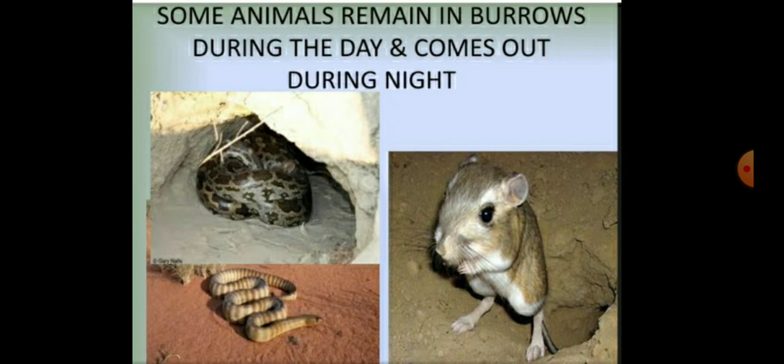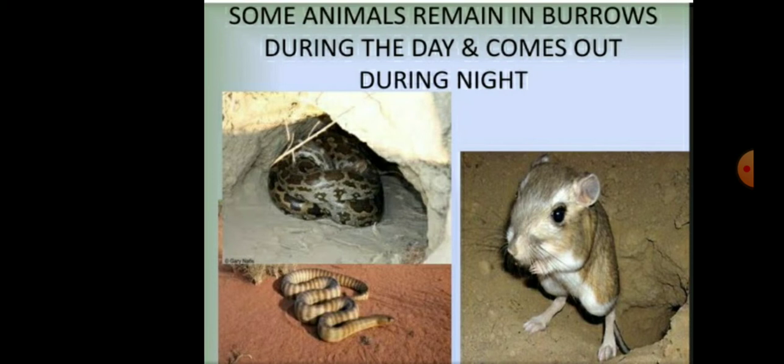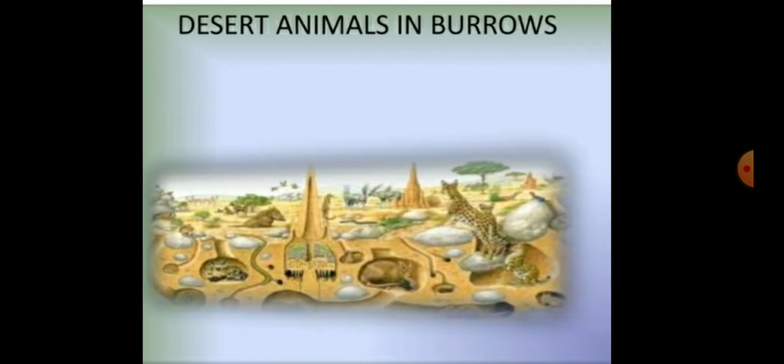Some animals remain in the burrow during the daytime and come out during the night time. For example, you can see the snake, or this type of rats. So children, the desert animals found in the burrows you can easily see in this picture.